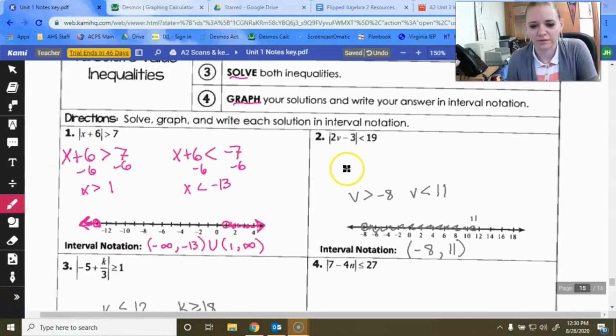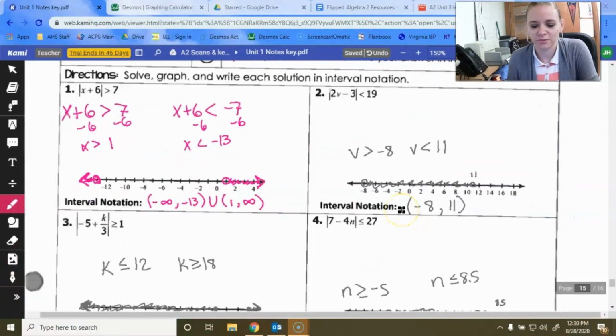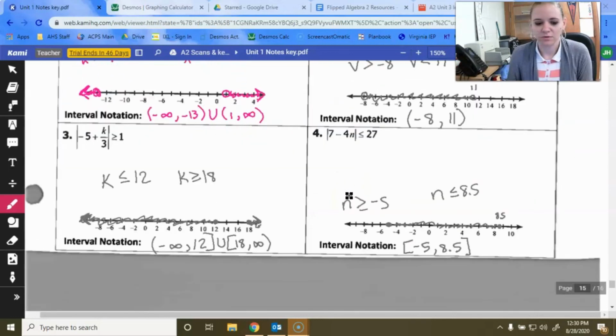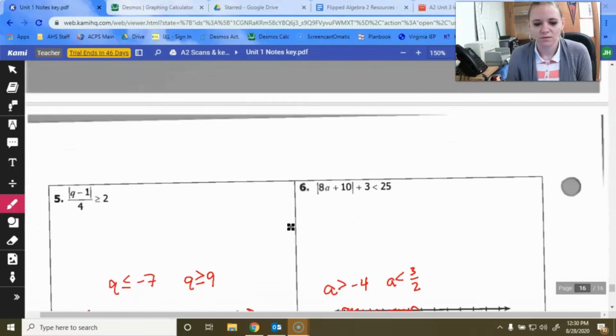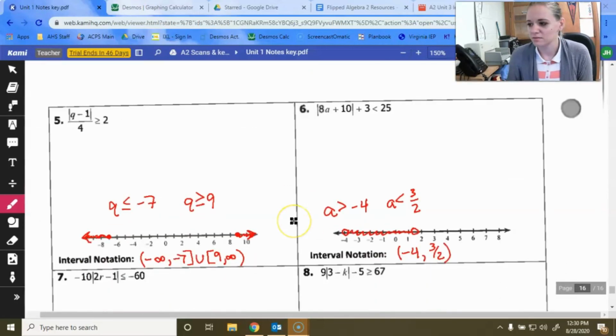Booyah! So, here are the answers. Here's number 2. If you need to pause the video at any time, if I'm going too fast, then pause it. Here's number 3 and 4. Here's number 5 and 6.